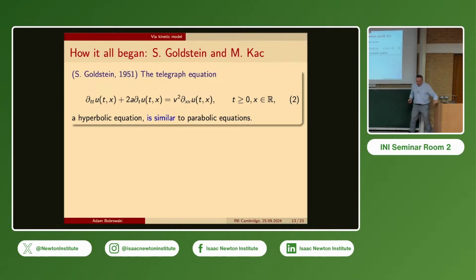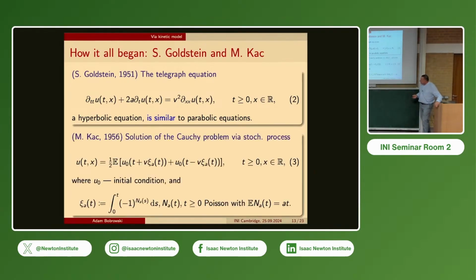So this was a kind of mystery for some time, and then Mark Kac came into the field and gave a direct, explicit formula for the solutions. This is in terms of what is now called the Poisson-Kac process. We have a Poisson process with expectation at, and under the integral you have either minus 1 or plus 1.